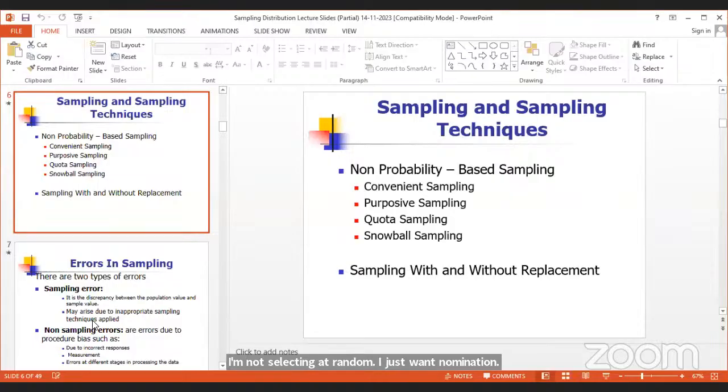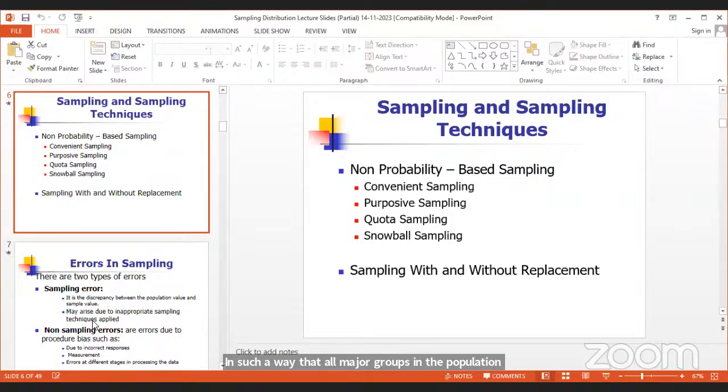I just want nomination so that all groups are represented. So quota sampling is a non-probability sampling in which the samples are selected in such a way that all major groups in the population are represented.